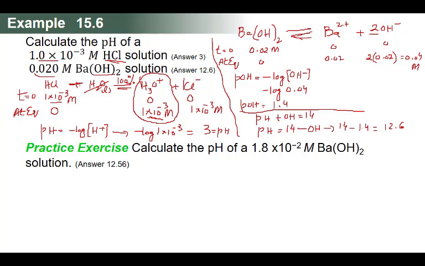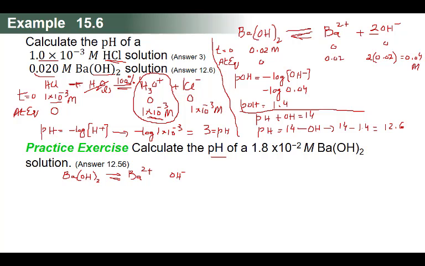So similarly this question here, calculate the pH here again. Same, we will write here, this is the barium hydroxide, it dissociates into barium ion and hydroxyl ion.